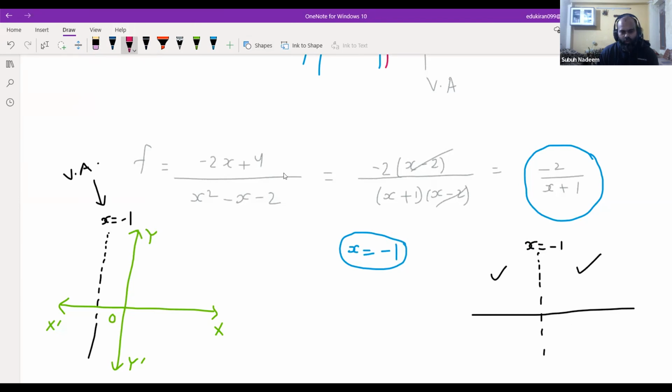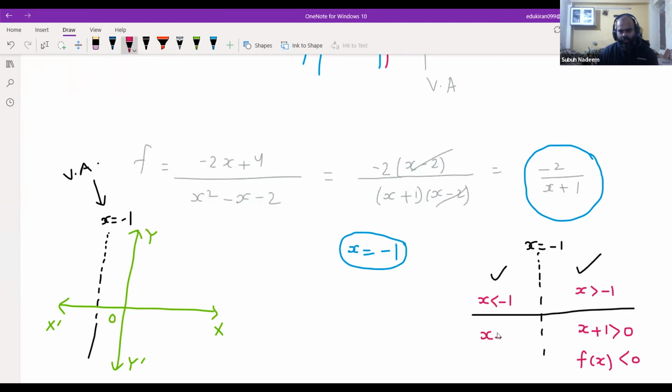If you see the right portion, for x greater than minus 1, and this is x less than minus 1. For x greater than minus 1, which means x plus 1 greater than 0, this function of x, which is minus 2 by x plus 1, will be negative. Because it is minus 2 by x plus 1.